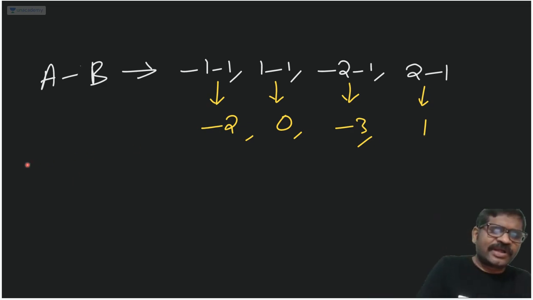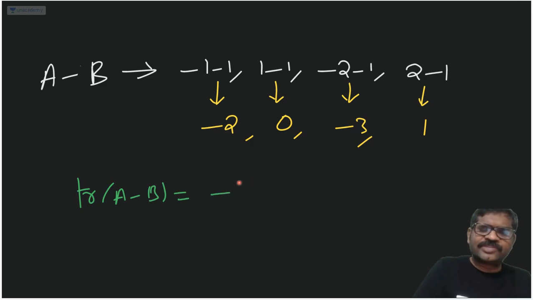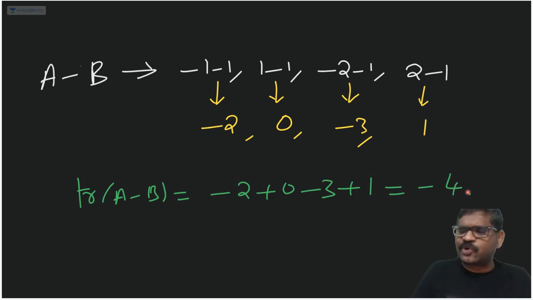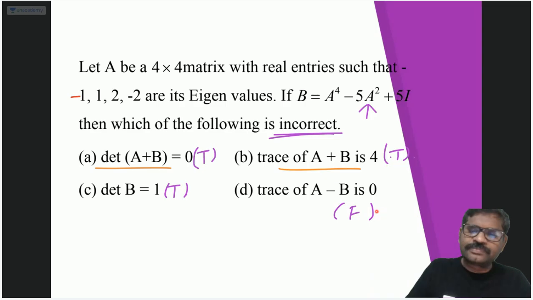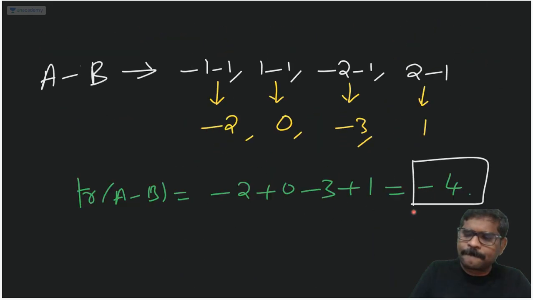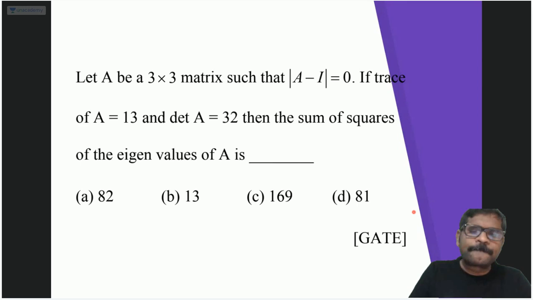Trace of A minus B is -2 plus 0, -3 plus 1, -4, -4. Okay. Next problem.